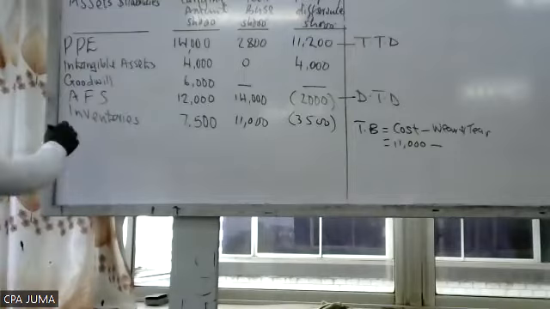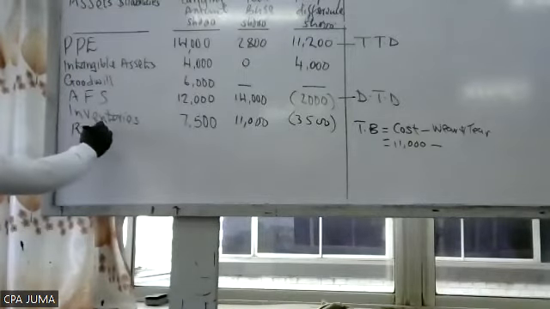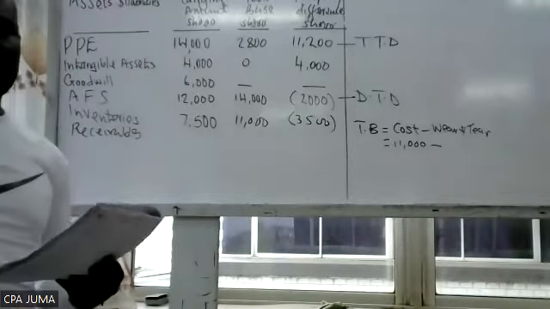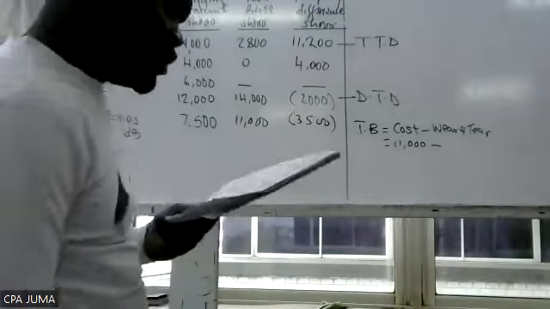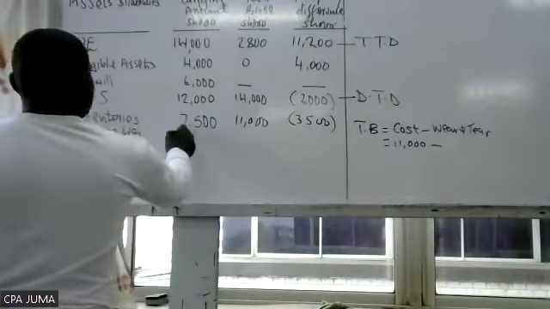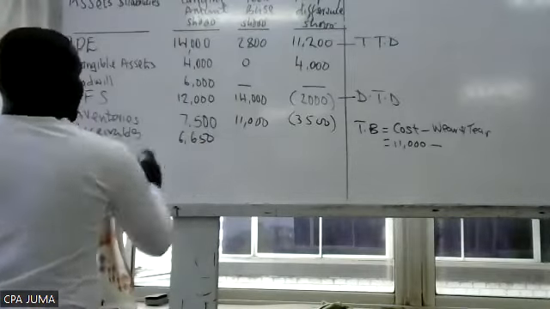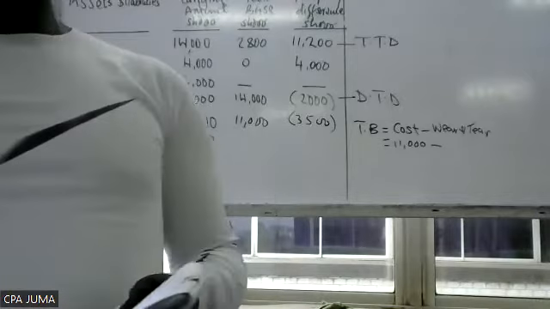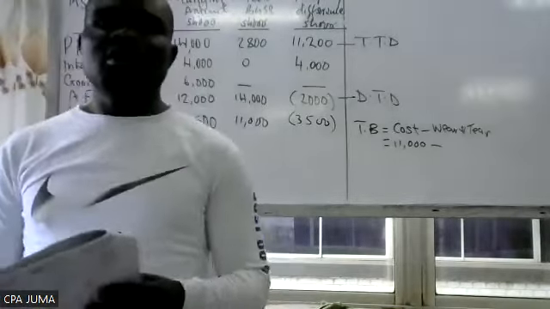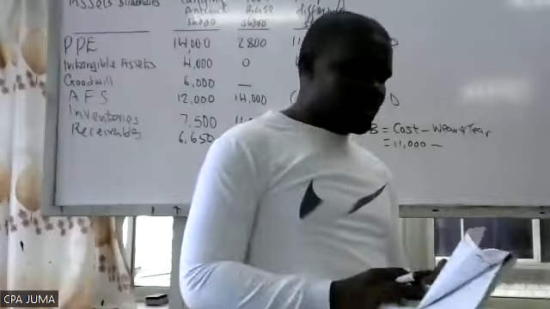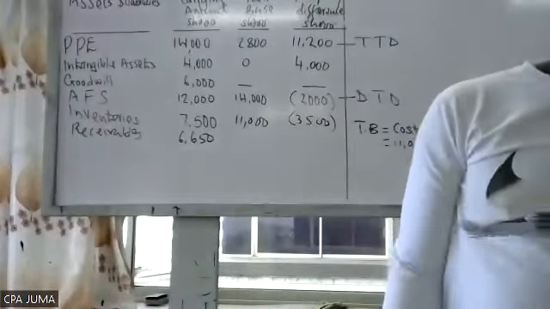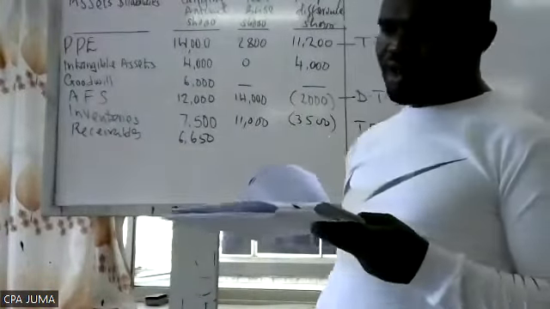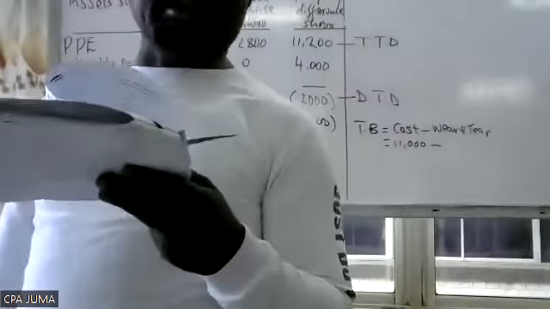Receivables. Receivables have been recorded at what value? 66.50. Was it mentioned somewhere? Note 6. Trade receivables are stated net.